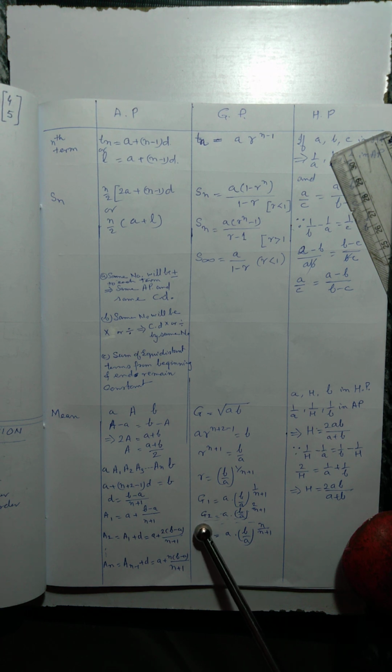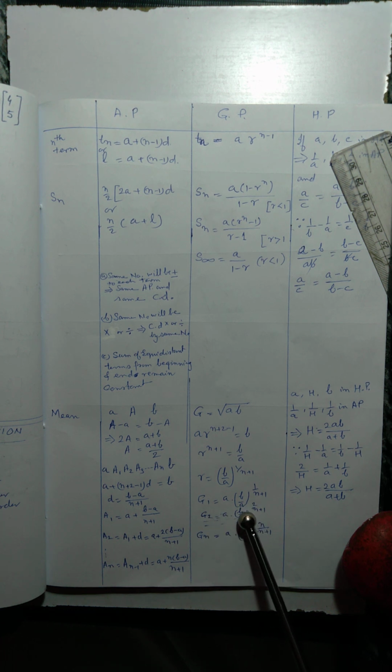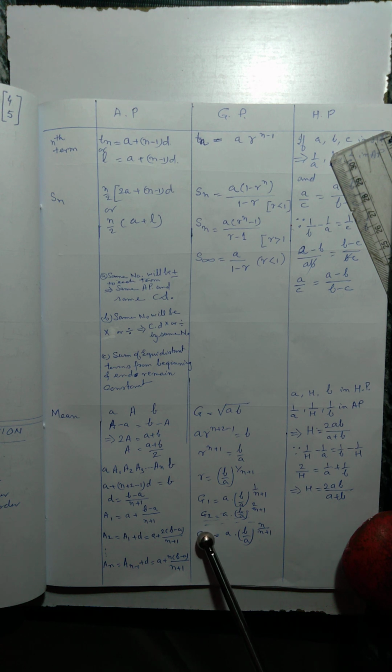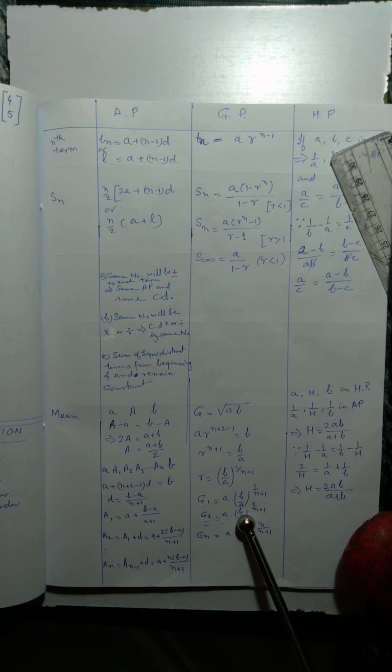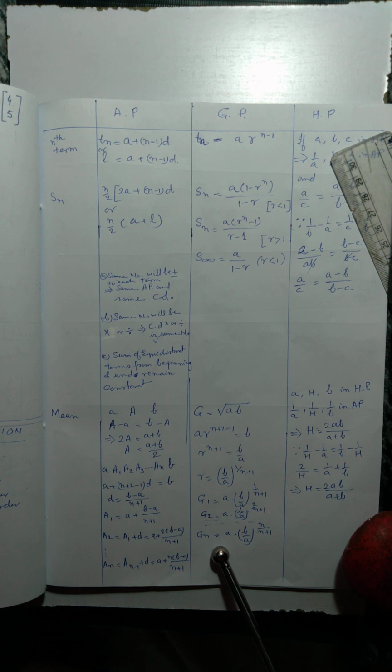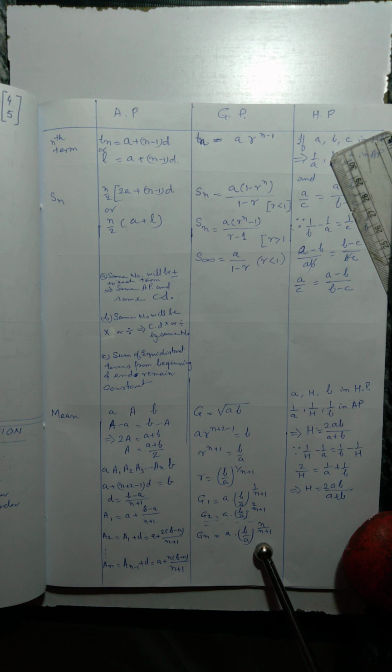The first geometric mean, G1, between the two terms in the geometrical progression will be given by a into (b/a) raised to power 1 upon n plus 1. G2, the second geometric mean, will be given by a into (b/a) raised to power 2 upon n plus 1. Similarly, the nth geometric mean can also be given as a into (b/a) raised to power n upon n plus 1.